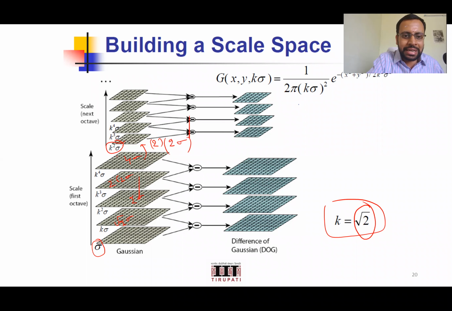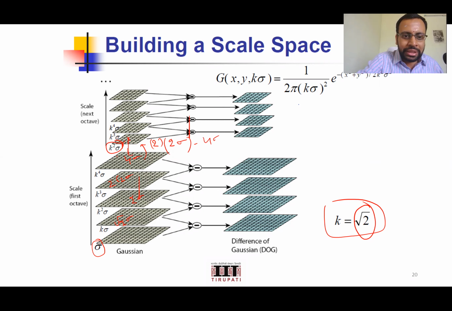Sigma dash, if I call it here, or this is equivalent to applying 2 sigma in this image scale. So this is in fact equivalent to 4 sigma. So that way these two images are equivalent here. Hope you are getting that point.